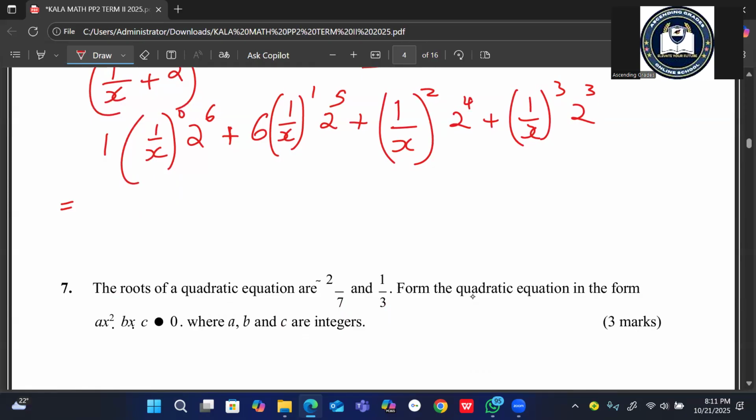So this is 1, 2 power 6 is 64, plus this is 6, 2 power 5 is 32. 32 times 6 is 192 over x. Then plus 1 over x squared, 2 power 4, this is 6 here, there is 15 there, and there is 20 here.